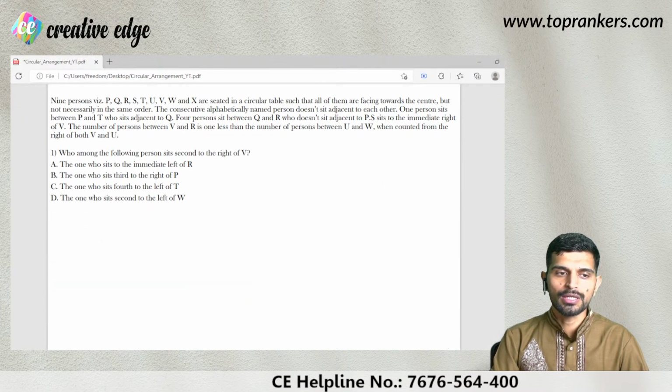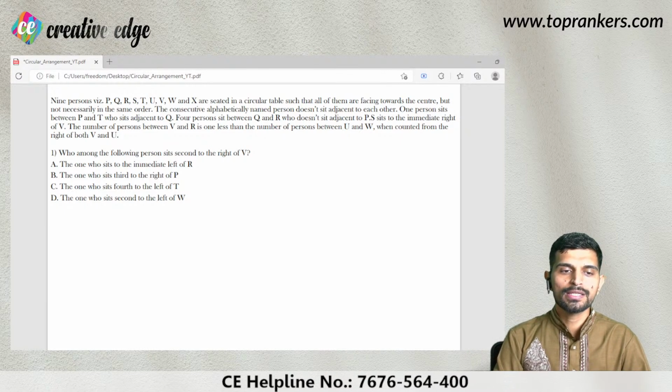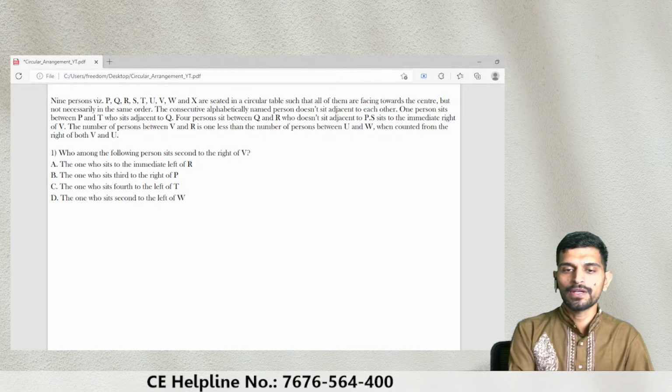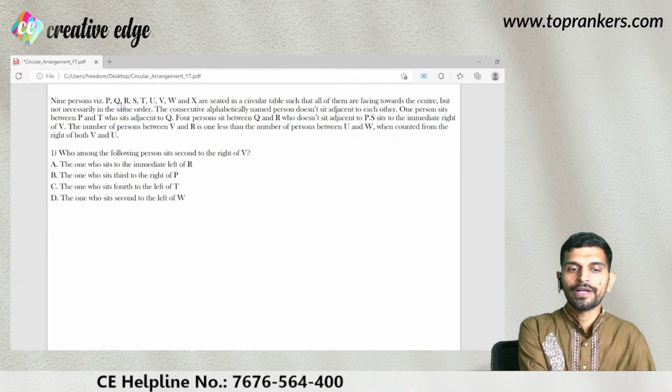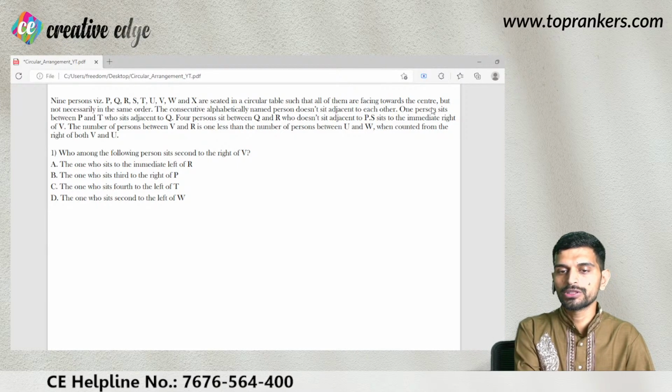The question says nine persons P, Q, R, S, T, U, V, W, X are seated at a circular table such that all of them are facing towards the center. So the very first thing is the number of participants is nine, and all of them are facing towards the center.